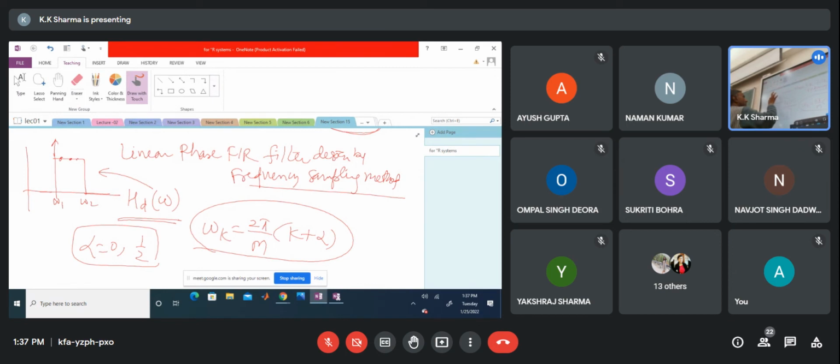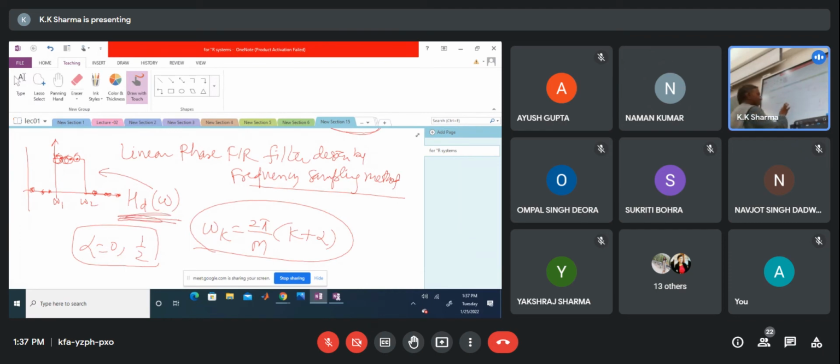Now only some of the frequency samples will be non-zero and the remaining samples will be 0. So only these non-zero samples are going to play the role, and I should be able to design. So it is just a way of reduction in the computational cost, because very few samples are going to be non-zero and the remaining samples are going to be 0 in this technique.